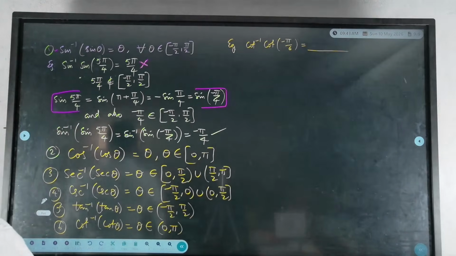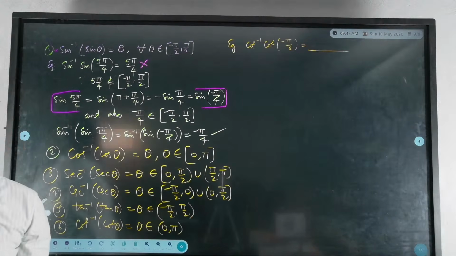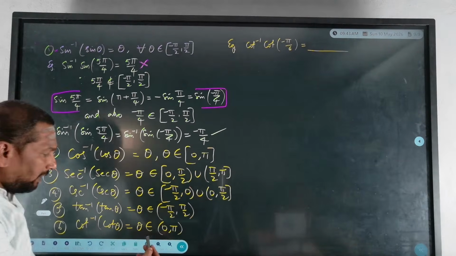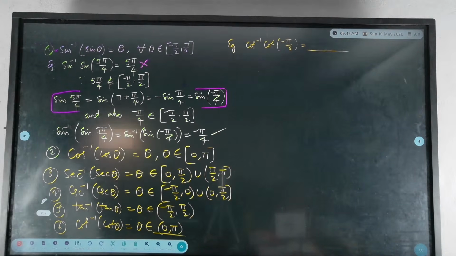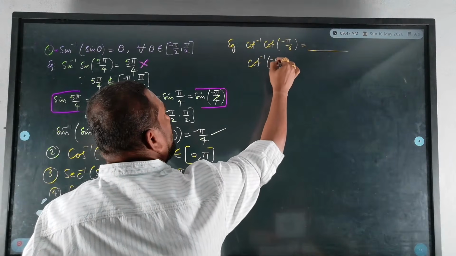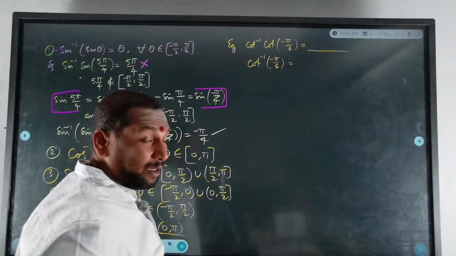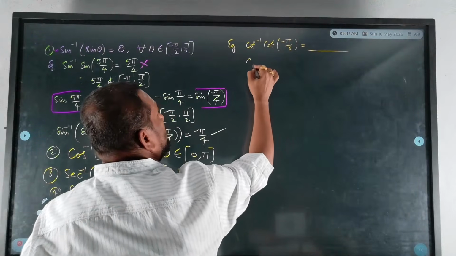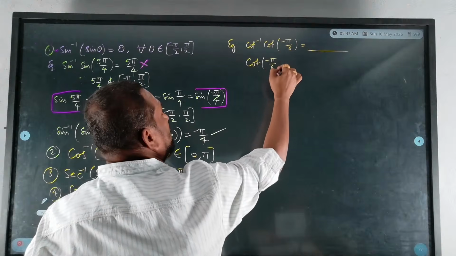But theta must be in the interval 0 to pi. So, what about cot of minus theta?